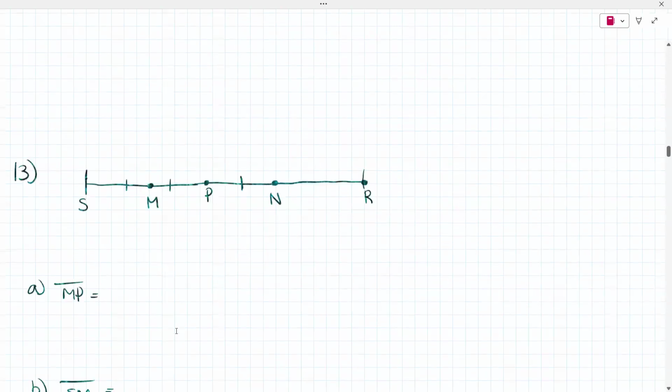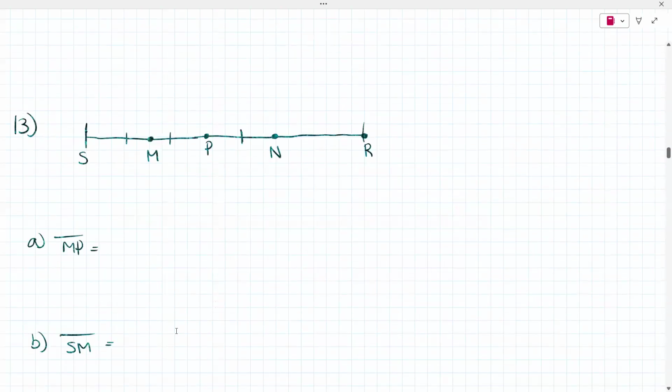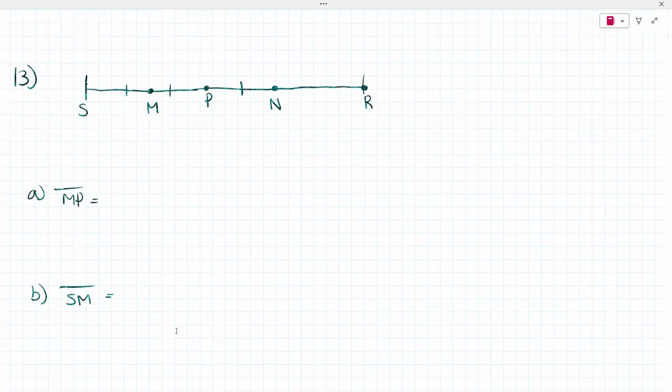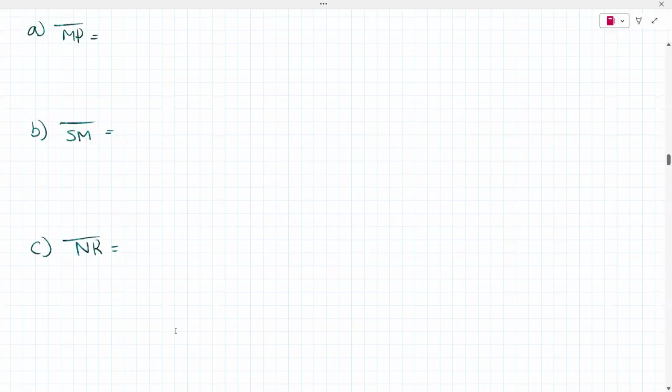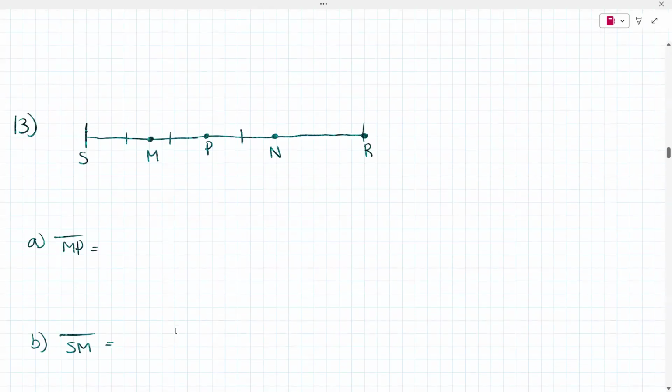Okay, let's move on to the next one. So use the figure. We want to know the distance of MP, SM, NR, and MR. So here's our figure.